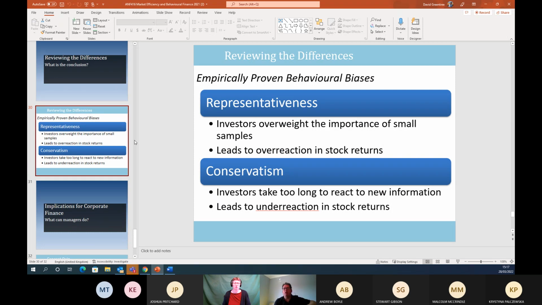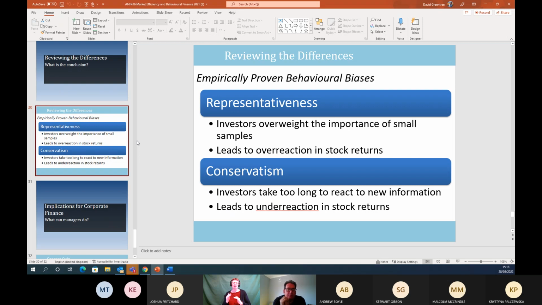And in terms of behavioral impact on efficient markets, there's a couple of factors that have come out of this. One being conservatism with a small c. This is where investors take too long to react to new information, and it leads to underreaction in the stock returns because of the time delays.